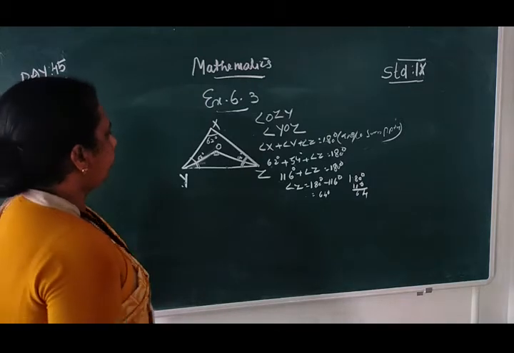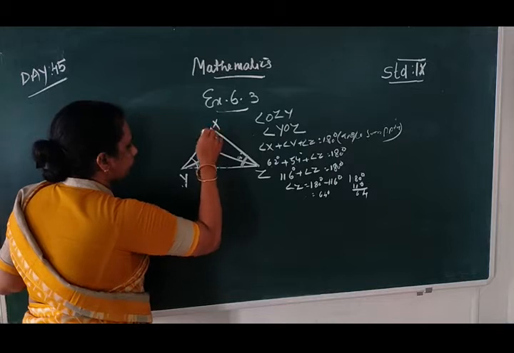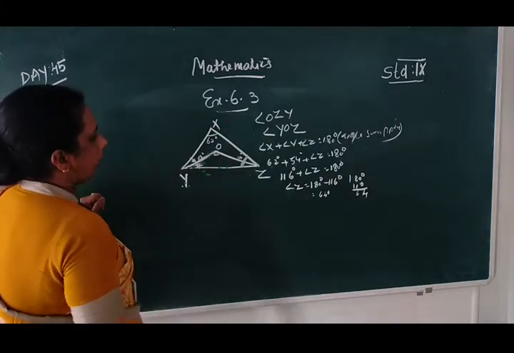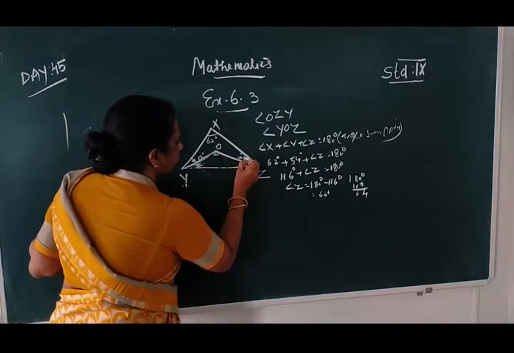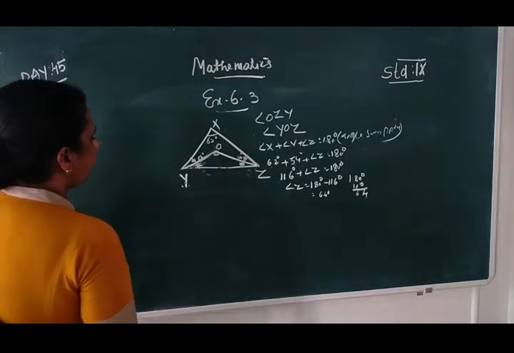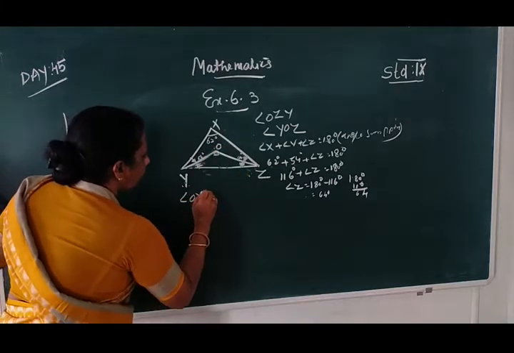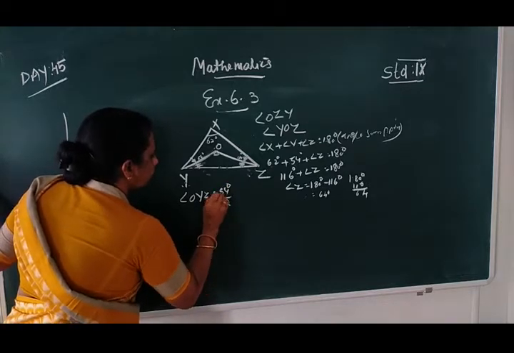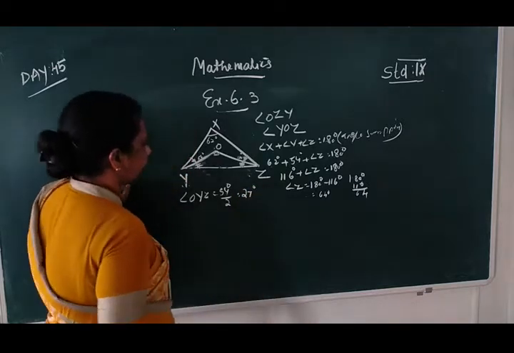Here OY is the bisector of angle XYZ, which means these two angles are equal. And OZ is the bisector of angle XZY, which means these two angles are equal. So what is angle OYZ? OYZ is equal to 54 degrees by 2, which is 27 degrees.